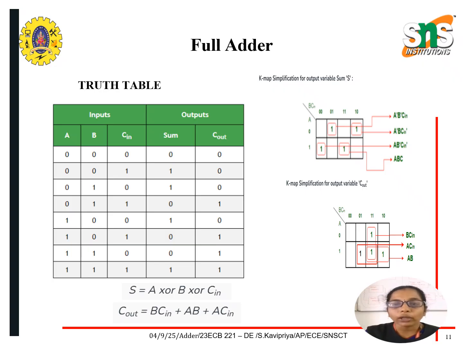If we plot the K map for the sum and carry, we get the Boolean expression for sum as A XOR B XOR C in, and for carry it is B C in plus AB plus A C in. And we can draw the logic diagram using this Boolean expression for sum and carry.